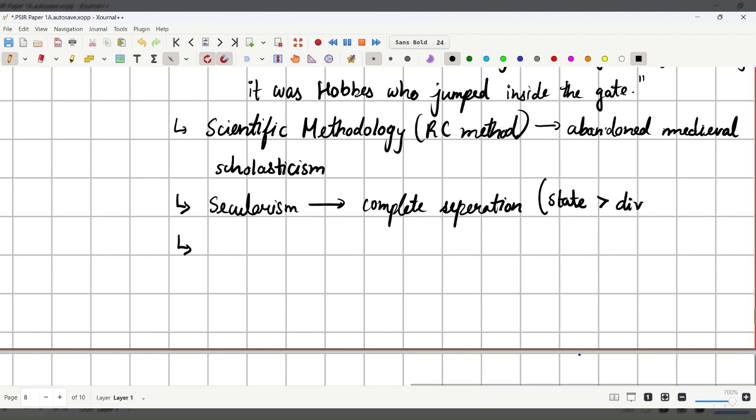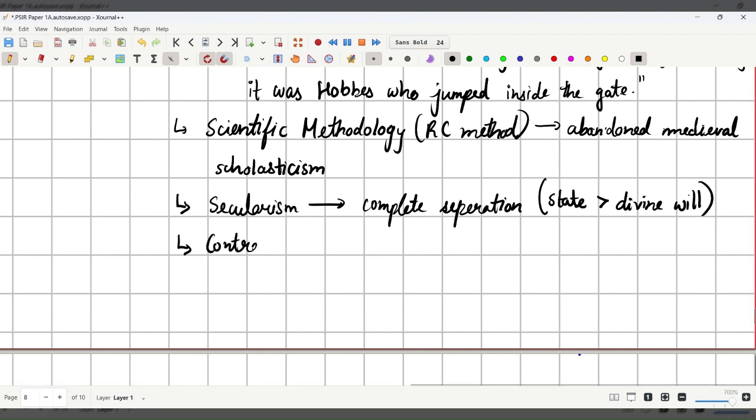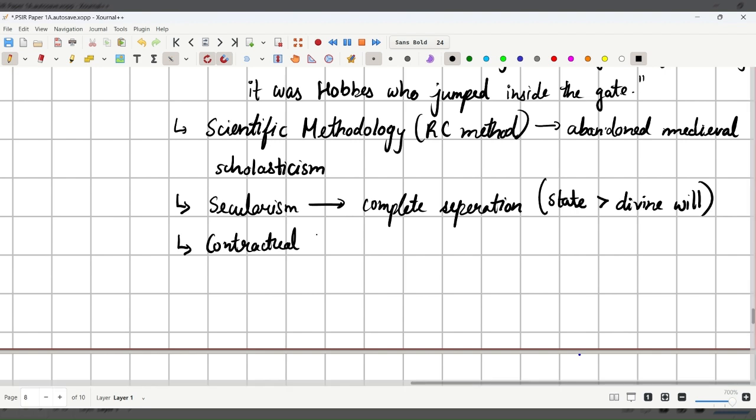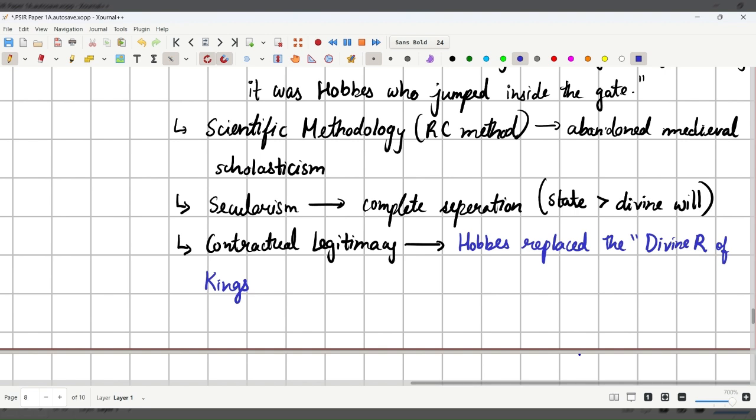Then contractual legitimacy, it means that Hobbes replaced the divine right of kings with social contract.